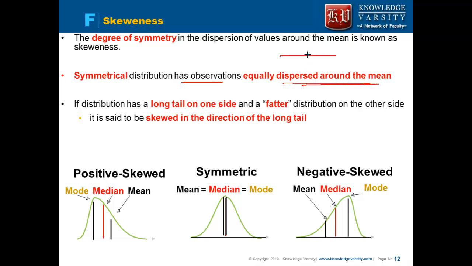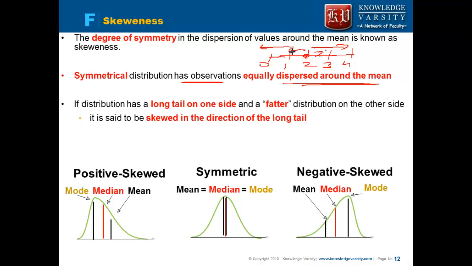As an example, suppose the mean is 2, and one value is 3, one value is 4, one value is 1 and another value is 0. You see that this is the mean, and the values are distributed symmetrically around it. So this will have skewness equal to 0, which means these are equally dispersed.